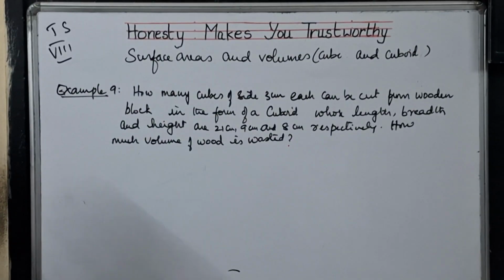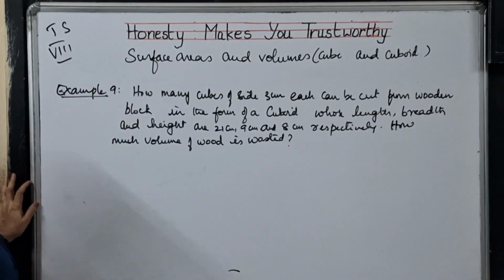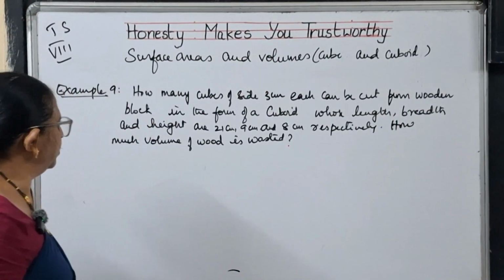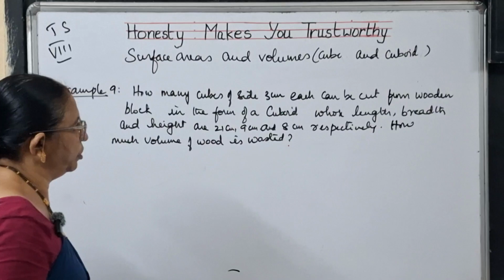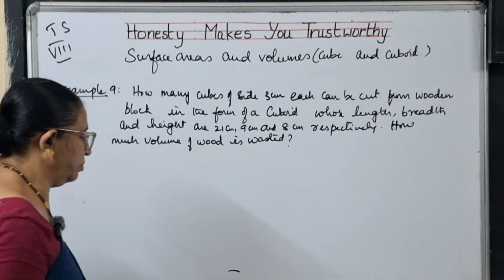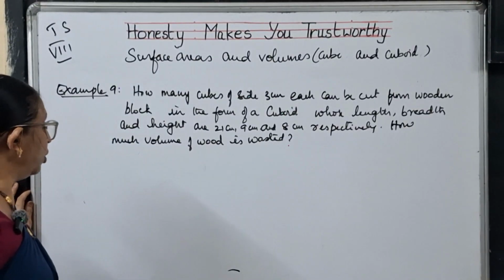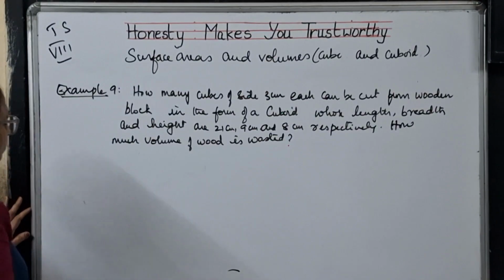Now example 9, children. How many cubes of side 3 centimeters each can be cut from a wooden block in the form of a cuboid whose length, breadth and height are 21 centimeters, 9 centimeters and 8 centimeters respectively? How much volume of the wood is wasted?